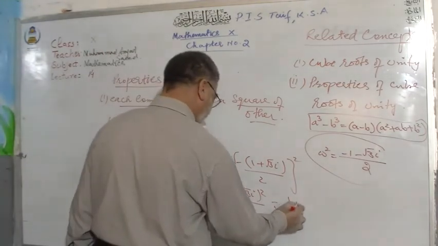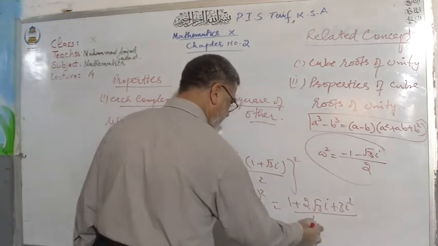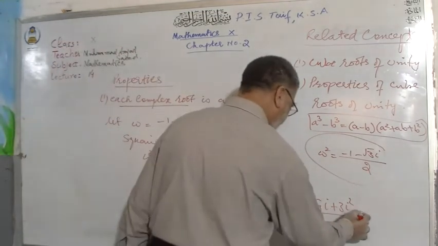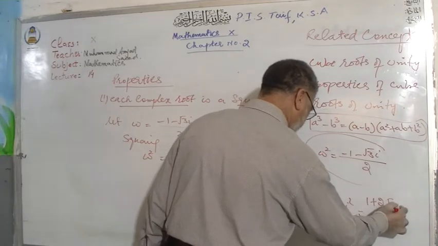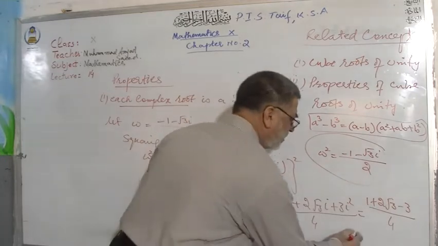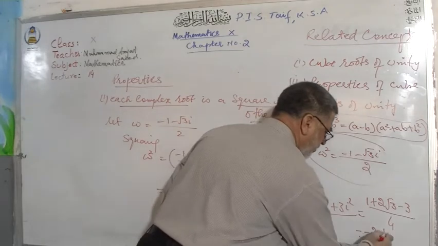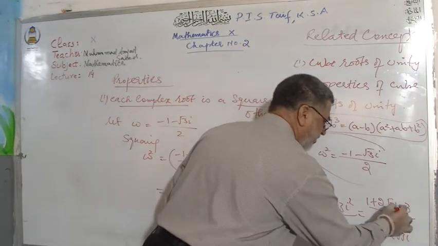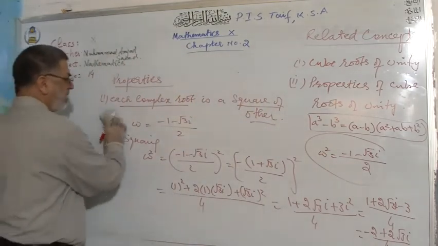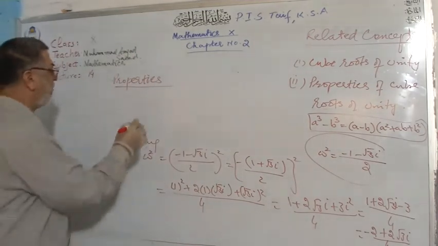Here it will be 1 plus 2 into 3 under root iota plus 3 iota square over 4. Square and square root cancel out, and we are left with 1 plus 2 into 3 under root iota minus 3 over 4, because iota square is minus 1. Here you will have -2 plus 2 into 3 under root iota over 4. Dear students, now you can take 2 common from here.